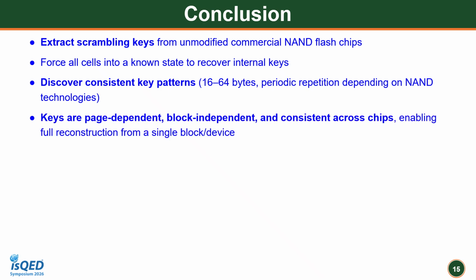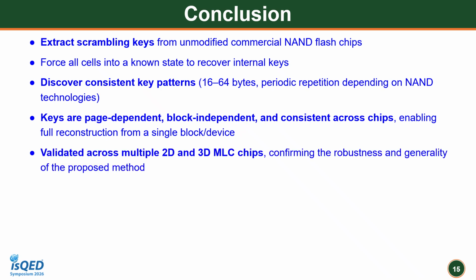The keys are page dependent, block independent, and consistent across chips. So if we can reconstruct a single block from one device, the same key will apply to another block within the same device, or to other blocks of a different device with the same part number.